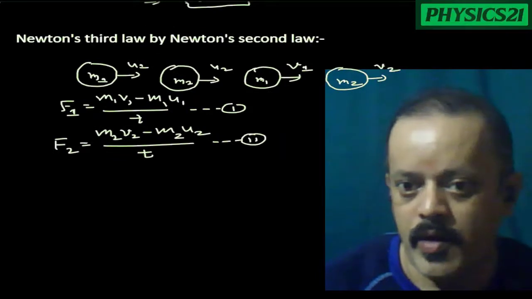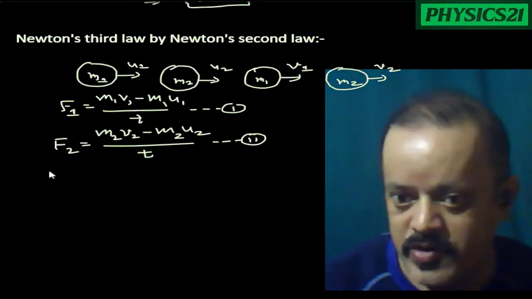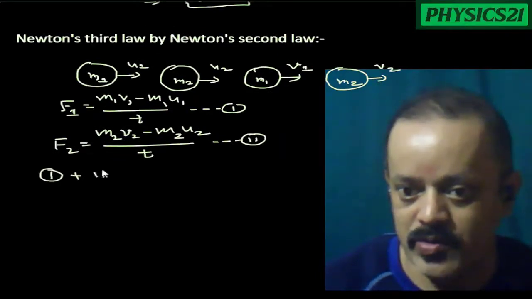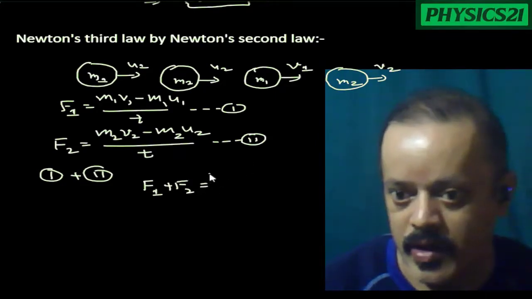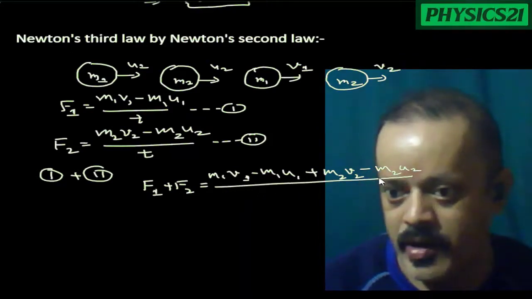Now as we add equation 1 with equation 2, we get F1 + F2 = [(m1v1 - m1u1) + (m2v2 - m2u2)]/t.